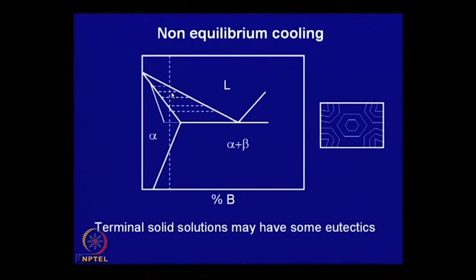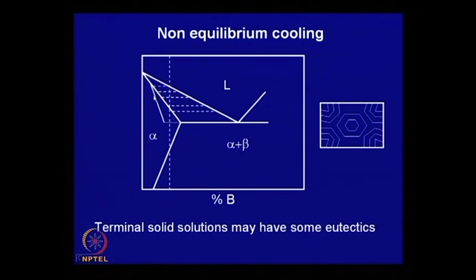As it goes to the next temperature here, the solid precipitating out will have this composition. So, new layers of alpha which are forming will follow this composition, whereas the older ones will not get enough time to change their composition.